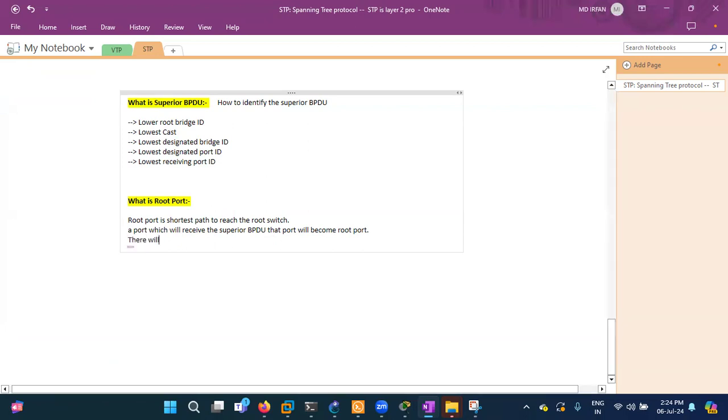There will be only one root port in each switch except the root switch. Means in the root switch you will not find any root port, but in non-root switches you will find the root port. Root port is the shortest path to reach the root switch from non-root switches. Okay, like that. Done?